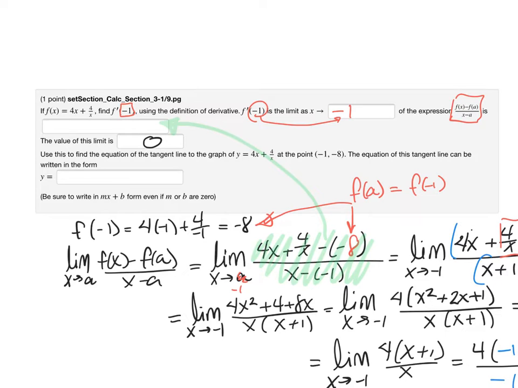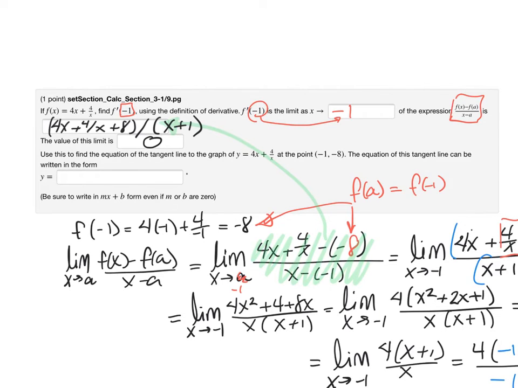So what I would type in is a parentheses 4x plus 4 divided by x plus 8 parentheses division parentheses x plus 1. That's what I type in there. The value is there, 0.